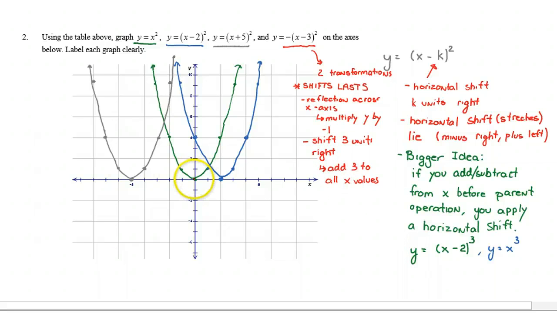So if I start at my parent graph here, I'm going to say we're going to multiply the y by -1, so it stays the same, and then we go 1, 2, 3. There it is. Let's take this point 1, 1. So we're going to put it in the negative, 1, -1, and then go 1, 2, 3.